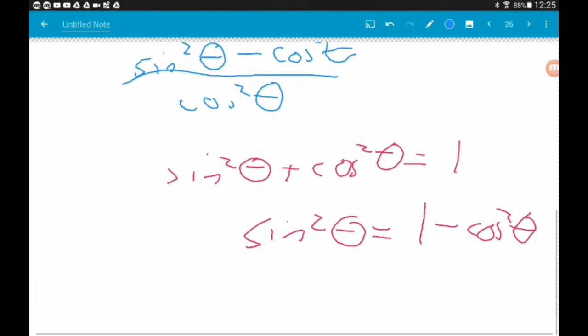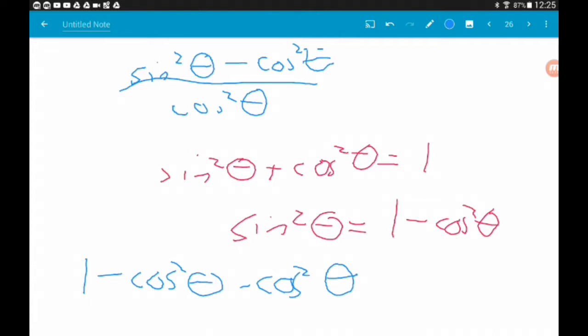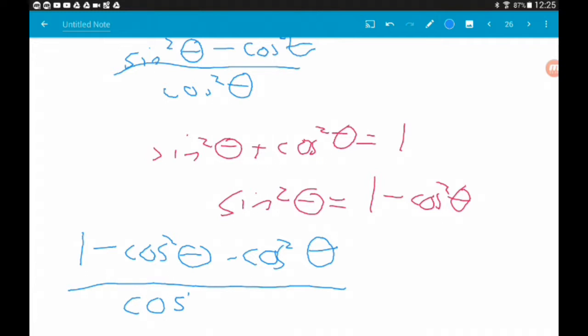So, if we substitute that into sine squared theta minus cos squared theta over cos squared theta, we will get 1 minus cos squared theta minus cos squared theta all over cos squared theta.